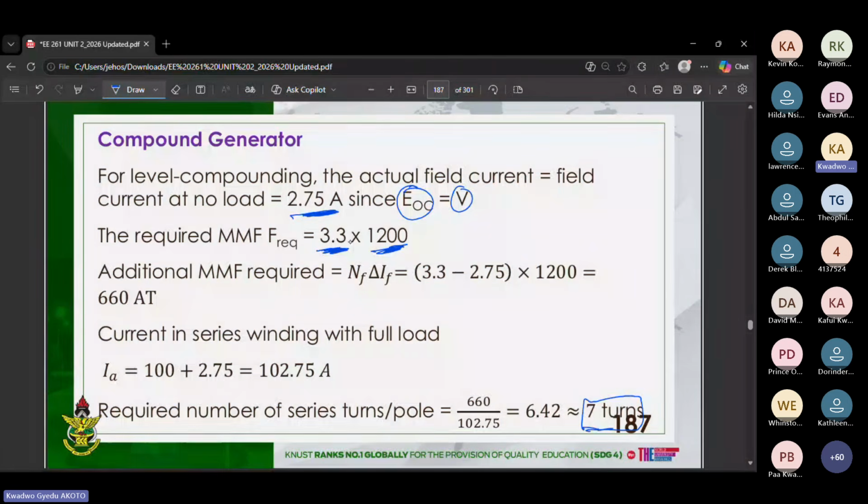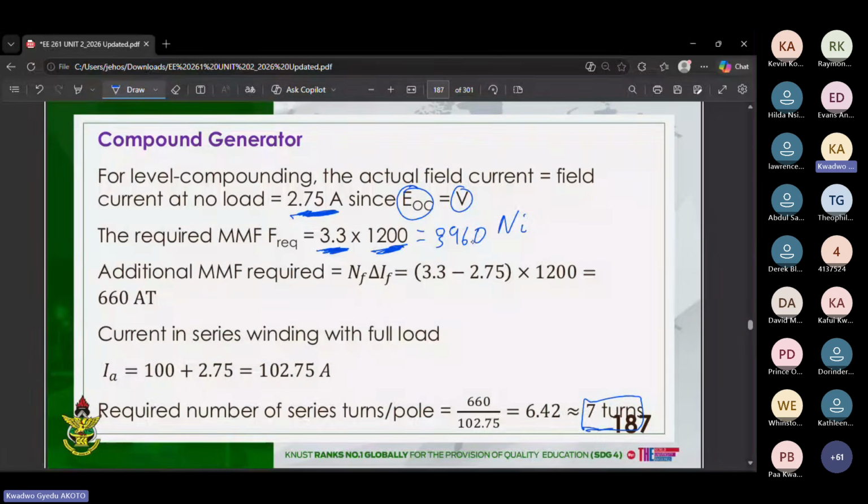So we know that MMF is equal to Ni. So at flat compounding, our total MMF being supplied is 3.3 times 1,200. So we have an MMF of about 3,960 being produced from all our windings, right?